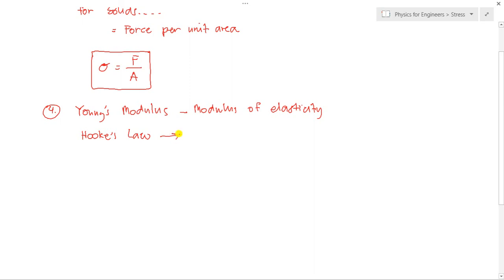Wherein gi-state sa Hooke's law that the Young's modulus Ym is the ratio of stress over the strain. Okay, mao siyang Hooke's law. But since we don't have any strain pa, so di pa nakuha sa Young's modulus.